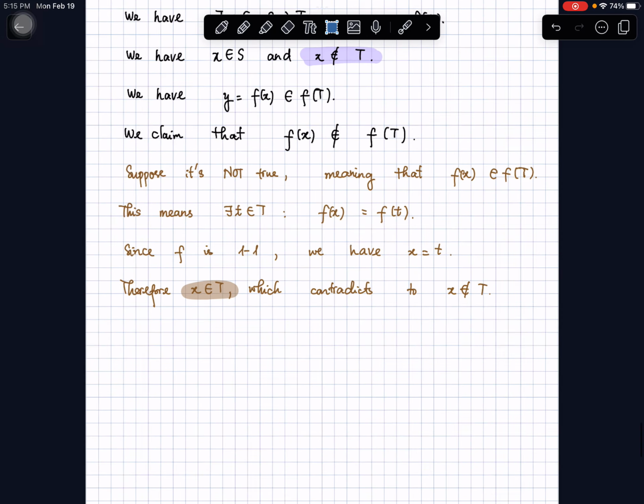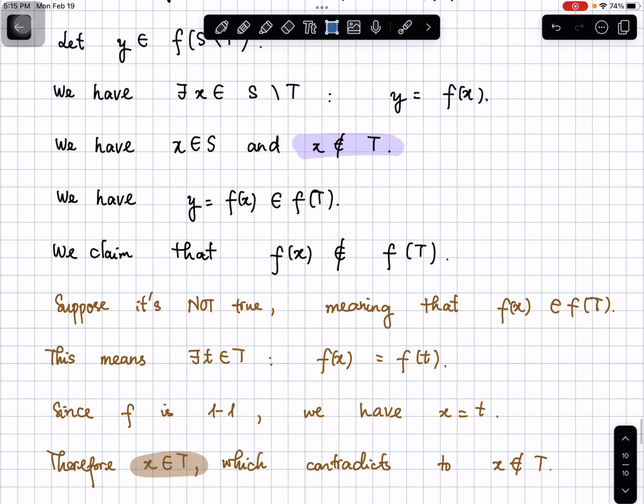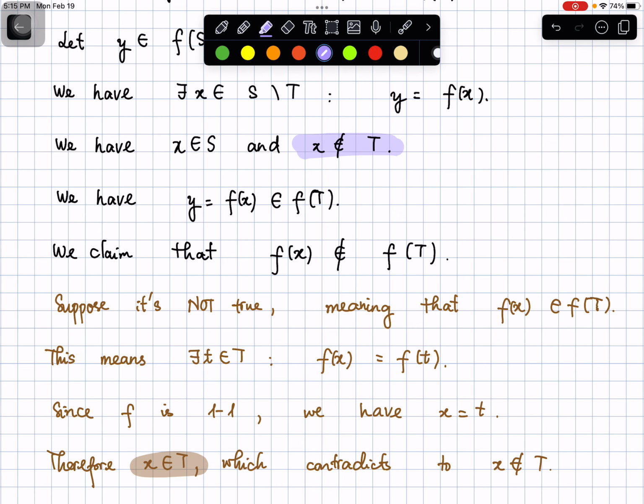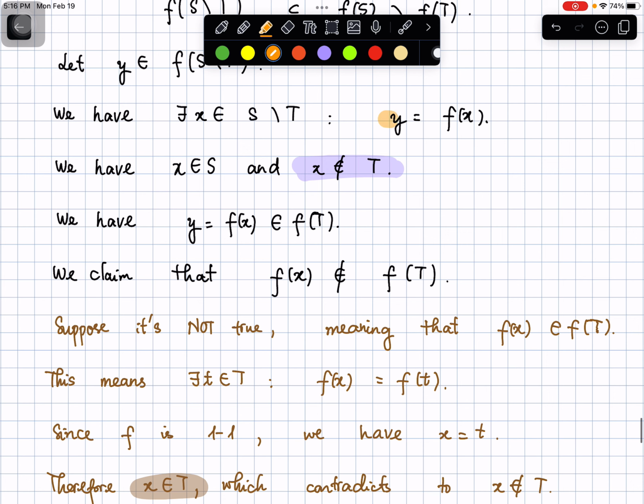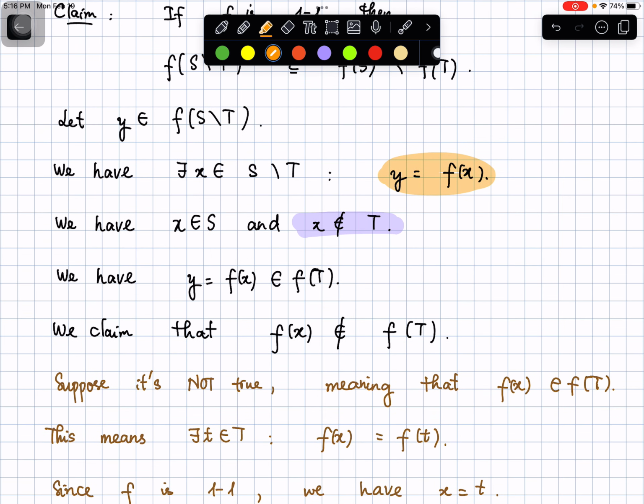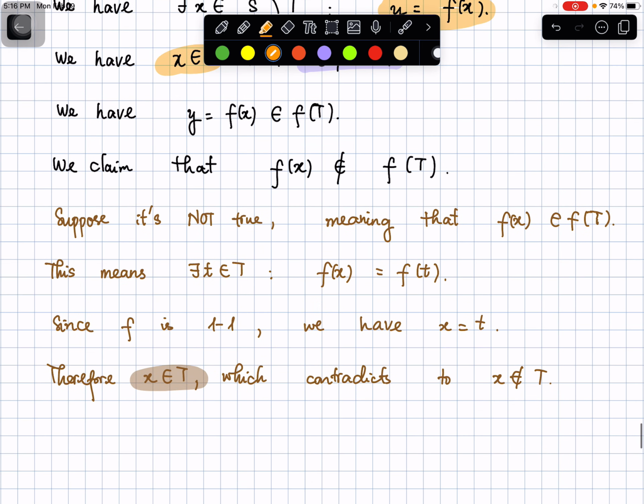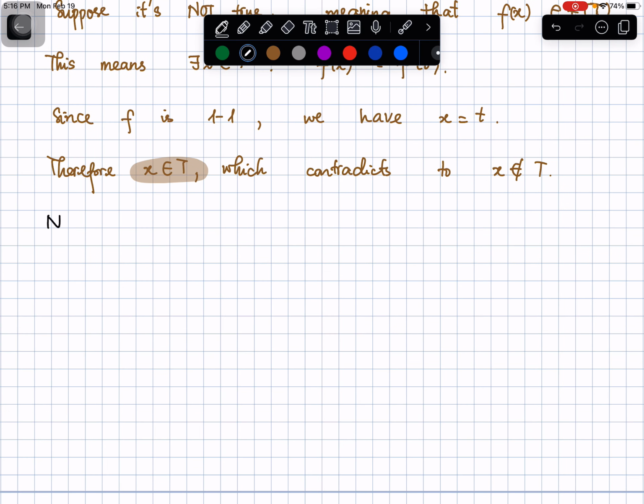Now we have y equal to f(x). Since x is in S, f(x) must be in f(S).